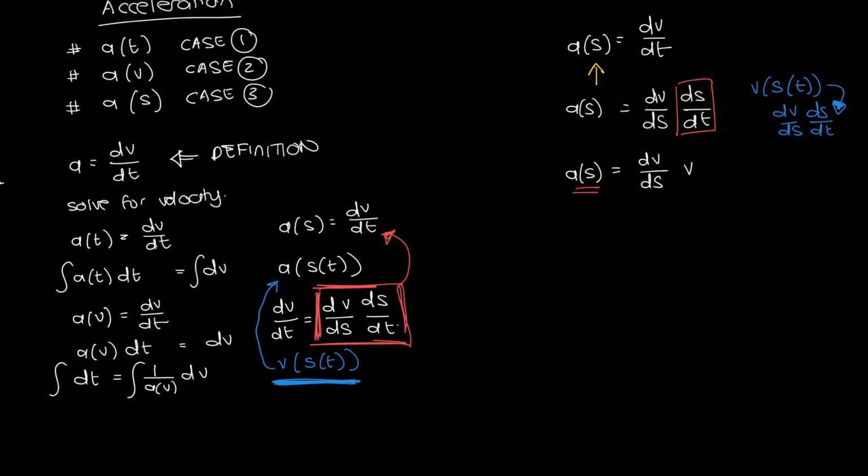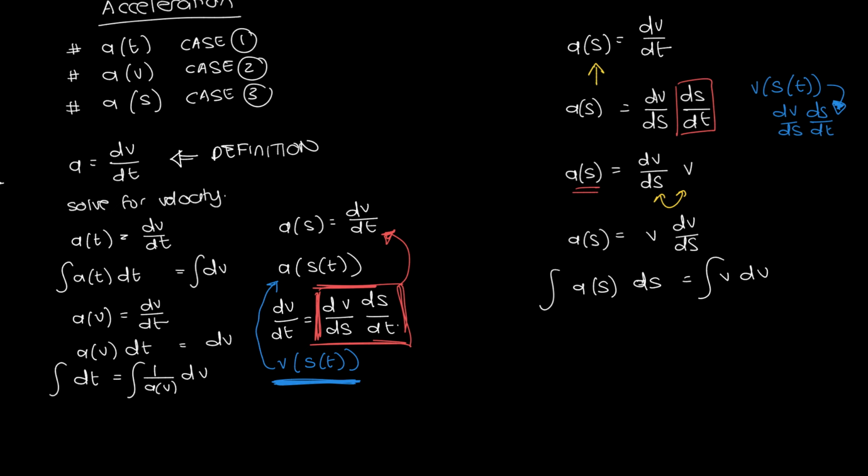And we also know that these are commutative, so we can move these two around to make things neater. So we have a s is equal to v dv ds. We can bring the ds across. That's bad math, just go with me here. So a ds equals v dv, and then we can integrate both sides.